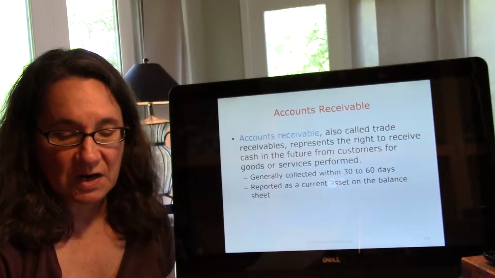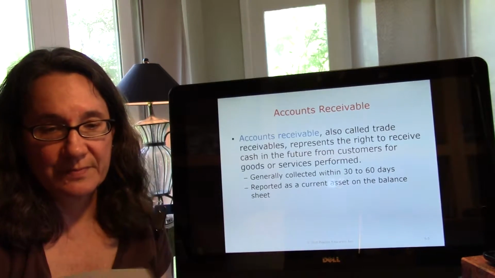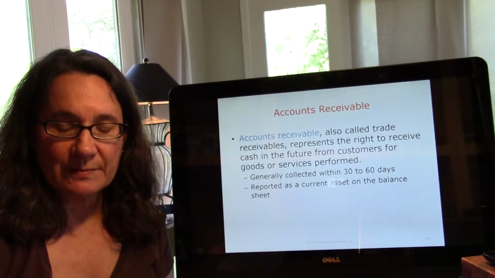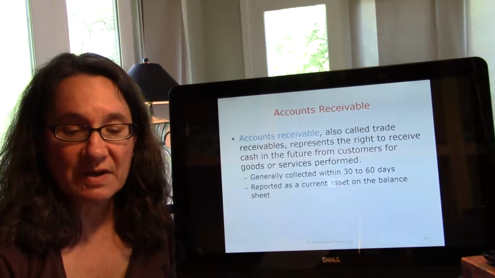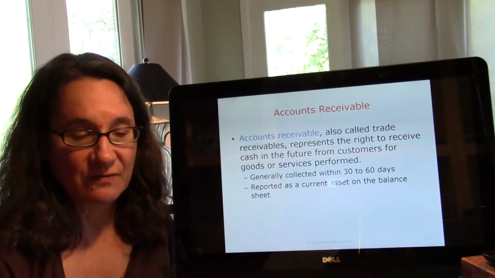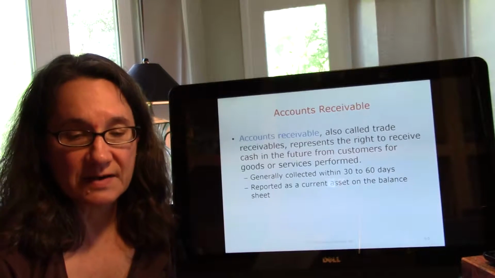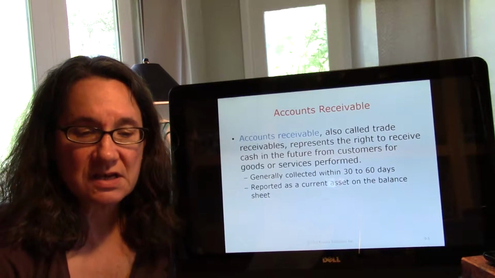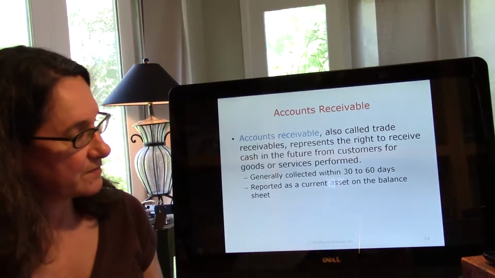Accounts receivable are sometimes referred to as trade receivables. An accounts receivable is the right to receive cash in the future from customers for goods sold or for services performed. Accounts receivable are treated as current assets and are usually collected within 30 to 60 days of the billing date.